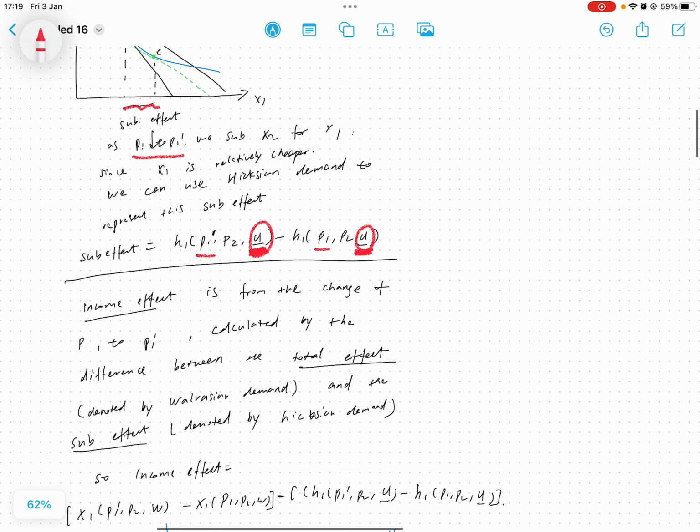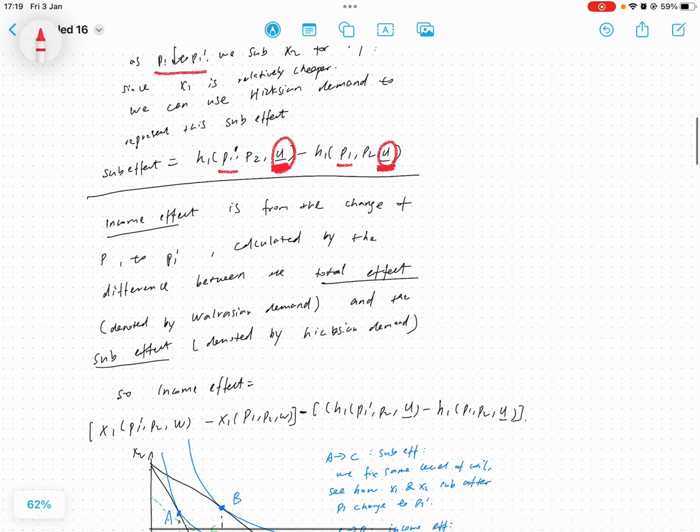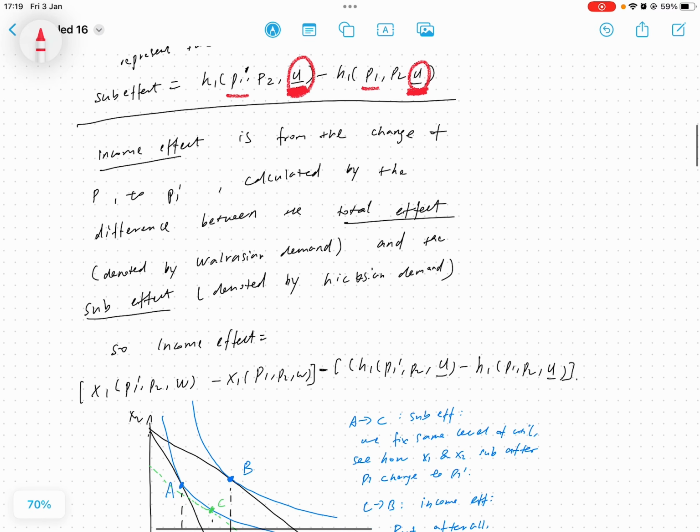Okay, so that was about the substitution effect. If you also remember the income effect, that'll be the effect of the change in the price of X1, let's say from P1 to P1 prime, and that'll be the difference between the total effect and the substitution effect we just talked about.